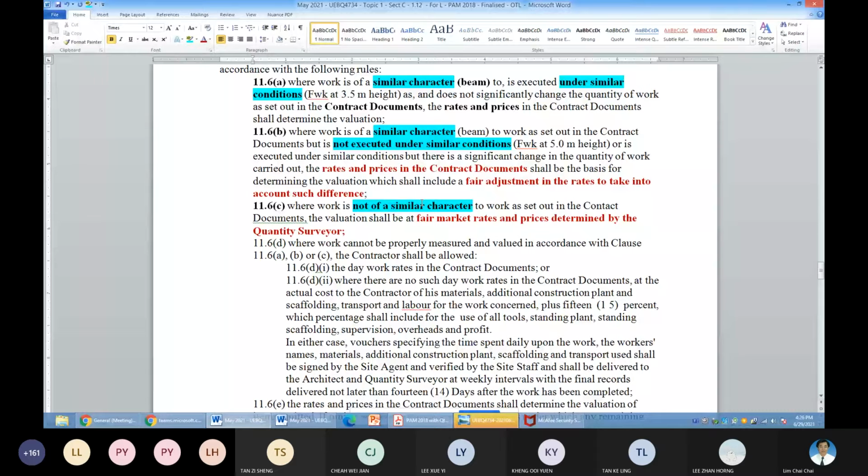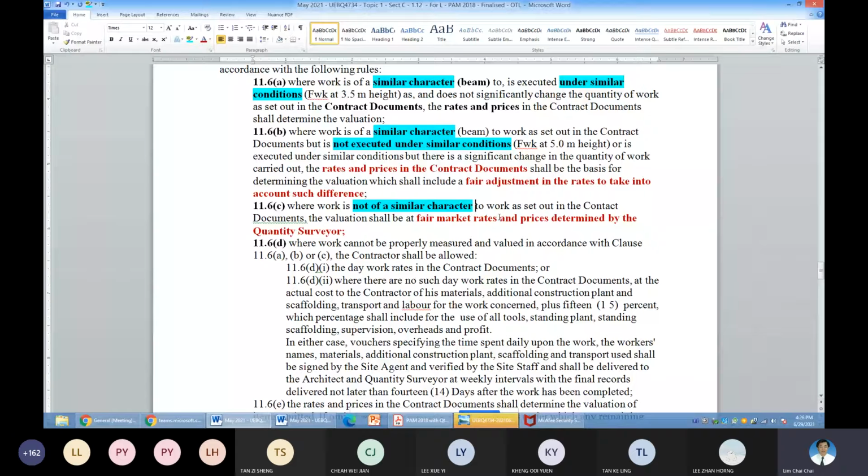Then D. So I give you examples on C. For example, in your contract you have your beam and column, but now you're asked to do something, maybe a slab that is totally not available in your project description.